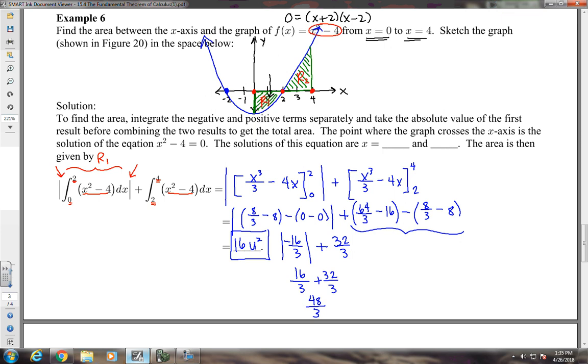This region 1 has a total area of 16 over 3 square units. The area of region 2 has an area of 32 over 3. Now remember, on region 1, we had to change the sign to make it positive. So the total area is the sum of the areas of those two regions, and that's how we came up with 16 square units.